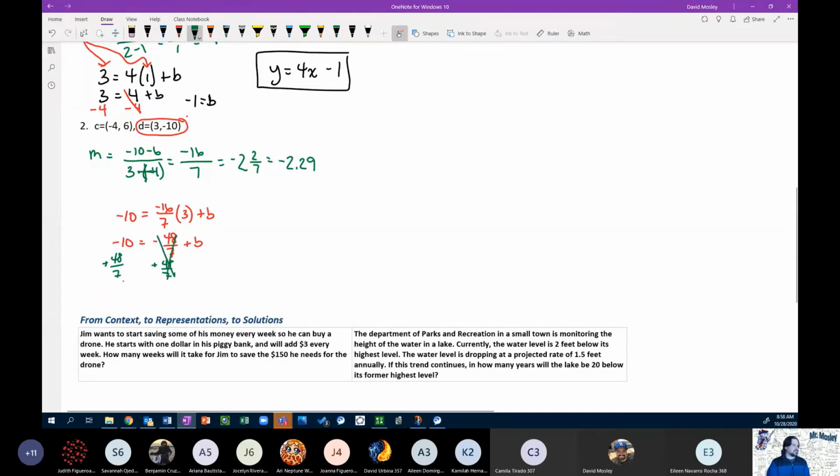We'll cancel over here, negative 10 plus that number is negative 3 1/7, or negative 22/7. This is about negative 3.14.